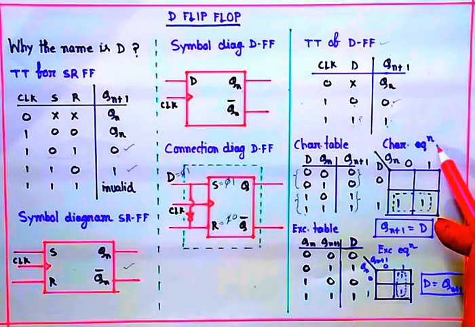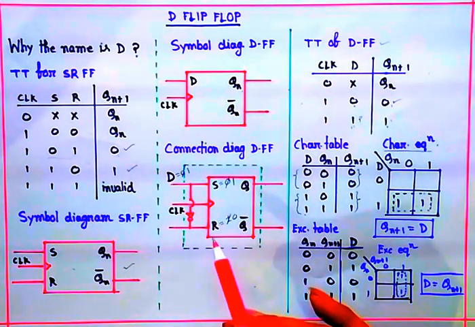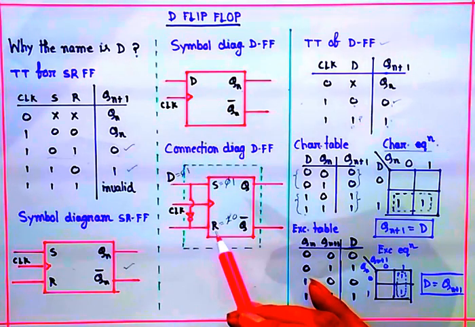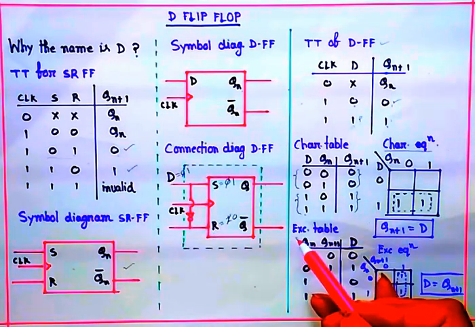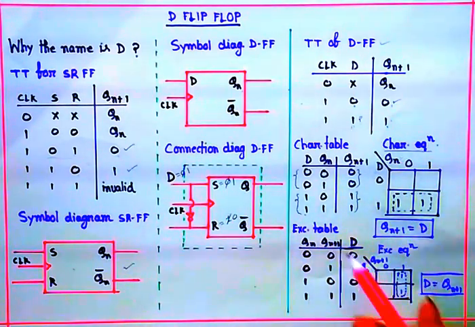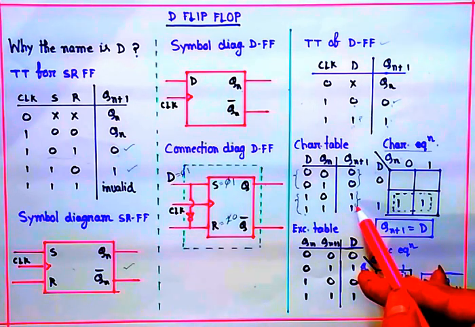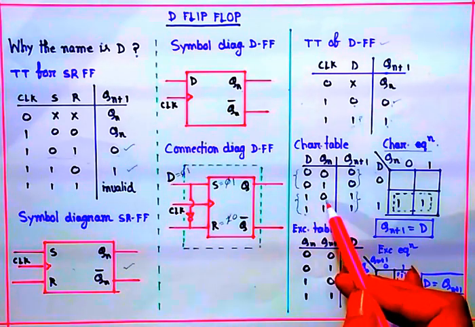Now the characteristic equation. How to form the characteristic equation? You need to take the help of K-map. So again, that is your D and Qn. So find out the ones in this line. Qn plus 1 is 1 and the configuration of D Qn is 1 0.